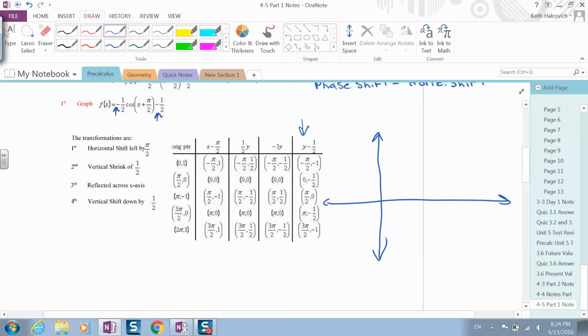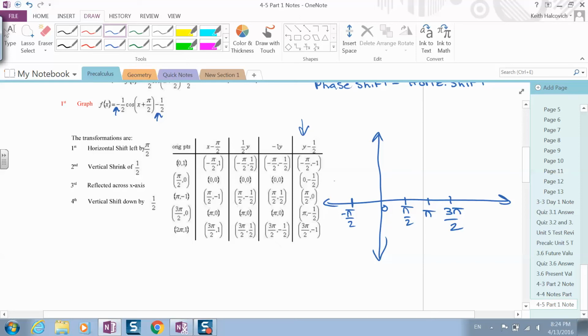So I'm going to leave some space on this side of 0, and notice that the x-axis, when we scale it, each x is pi over 2. So if I add pi over 2 to each x, I get the next one. So I'm going to put one space here, that's negative pi over 2. Then every space here is going to be positive pi over 2 until I get to 3 pi over 2.